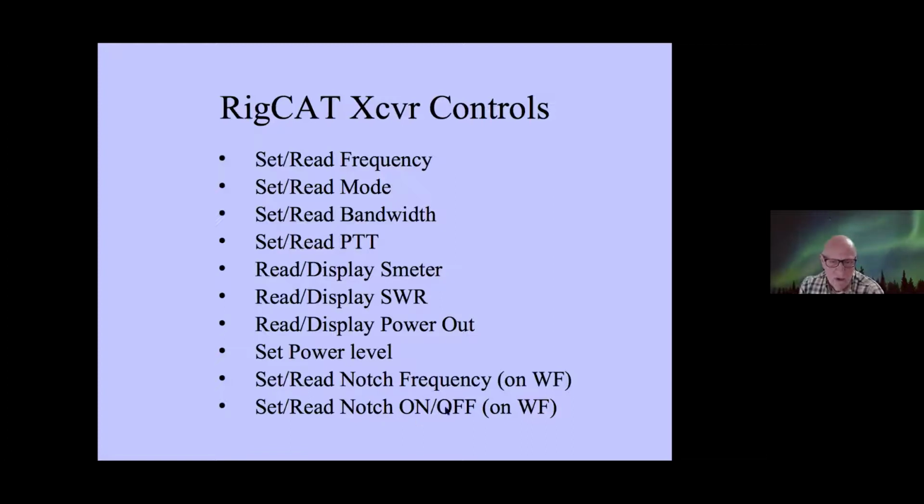These two work also with FLRig, by the way. And you can set and turn the notch on and off right from the waterfall. Makes it very convenient because you simply have to aim your cursor at the signal that you want to notch out, select the right controls, and it's gone.